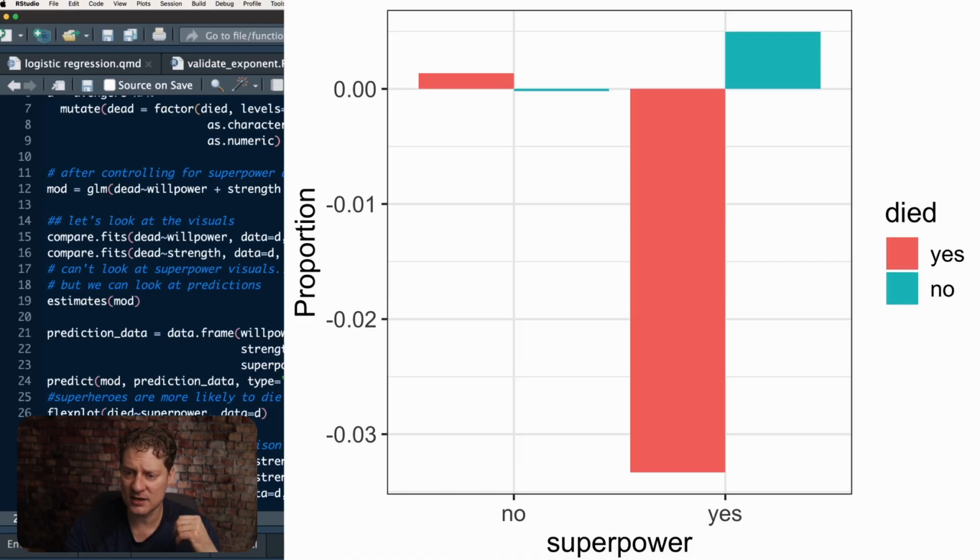Likewise, we see up here that the number of superheroes who did not die was higher than we would expect by chance. So that's one of those situations that I'm not going to be able to address today. There are ways to plot it. This is kind of an indirect way, but of course that's not controlling for all the other variables in the model. So this is in some ways a misleading plot.